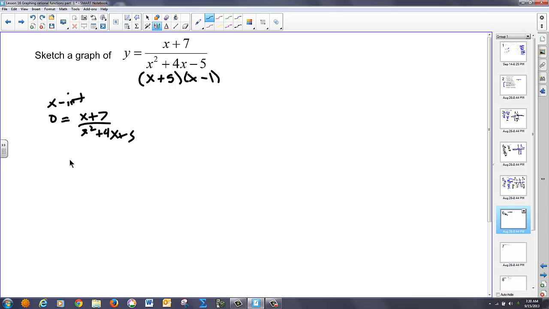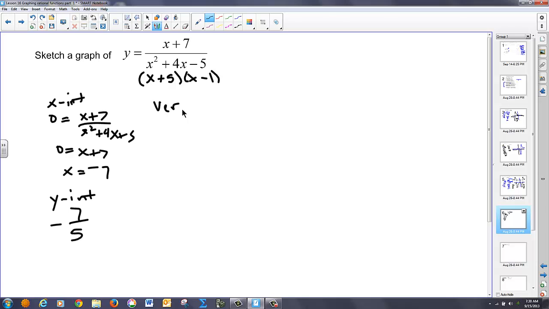So in this case, multiply the denominator, get 0 equals x plus 7. X equals negative 7. Y-intercept. Set x equal to 0, get 7/5 of the negative variety.